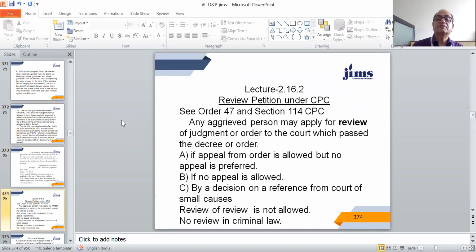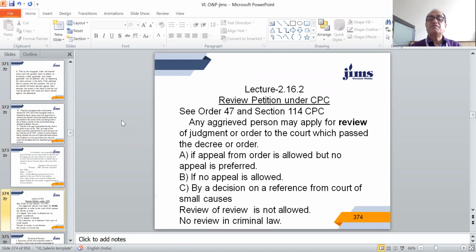Moving further, we will now learn how to draft a review petition under CPC. You will have to see Order 47 and Section 114 of the CPC, which gives you the grounds of a review petition.